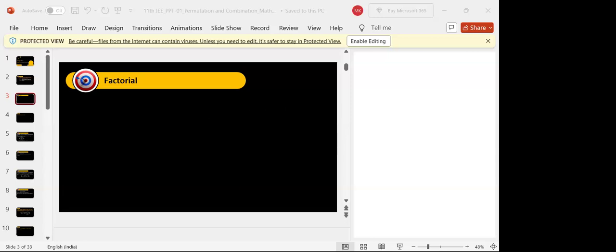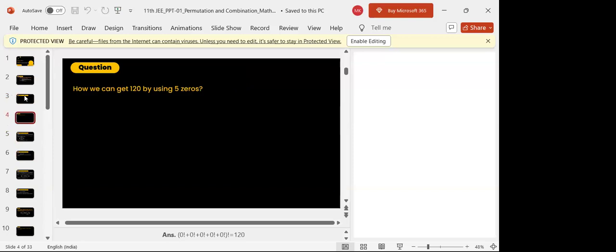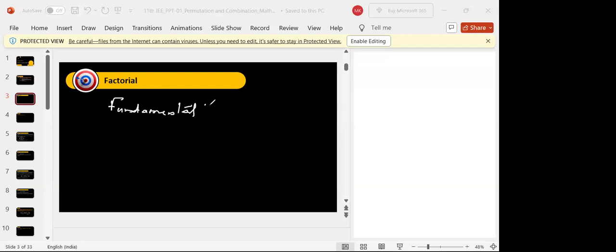Then the next case we have. Now, in addition, there are two rules which we have to study. Let me teach it like this. These two rules are called the fundamental principle of counting, which we call FPC.